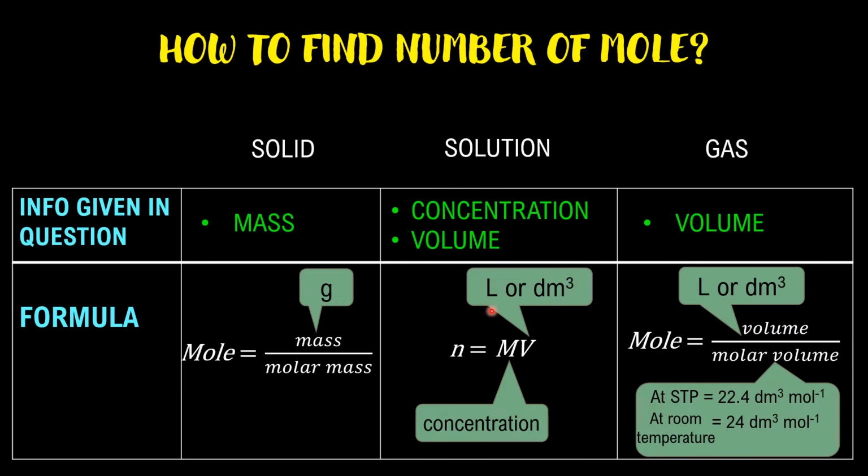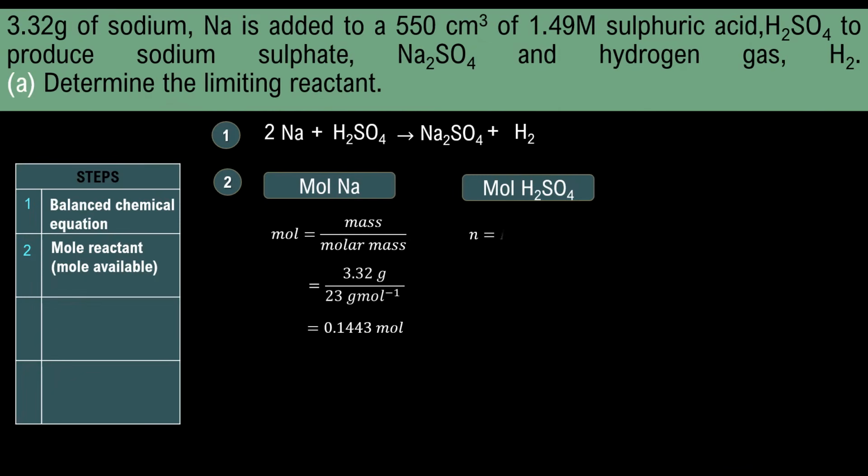V, make sure in unit liter or dm cube. So write the formula and substitute the value. Make sure 550 cm³ is converted into dm cube and the number of mole is 0.8195 mole.